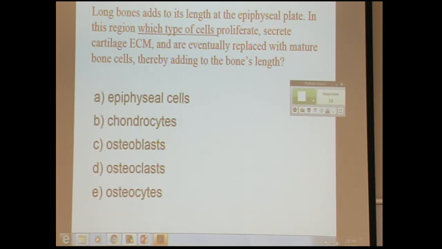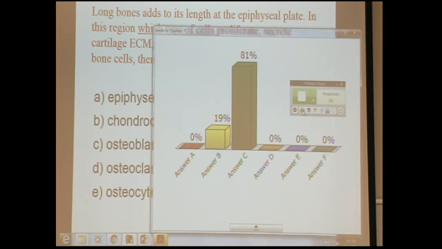All right, any other final votes out there? All right, it is B, chondrocytes.